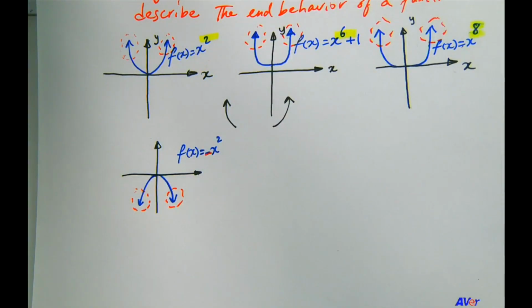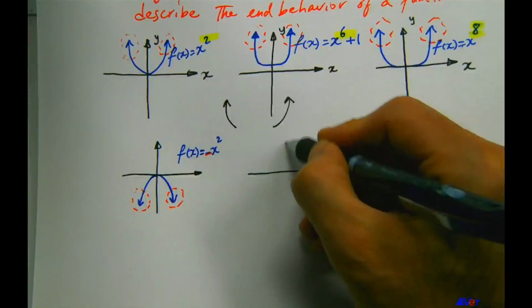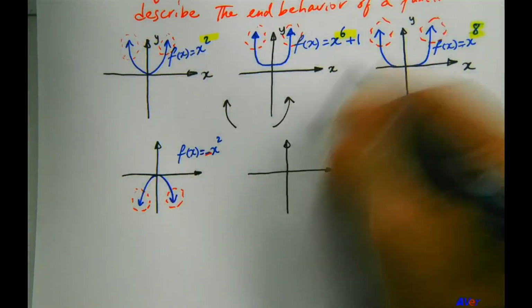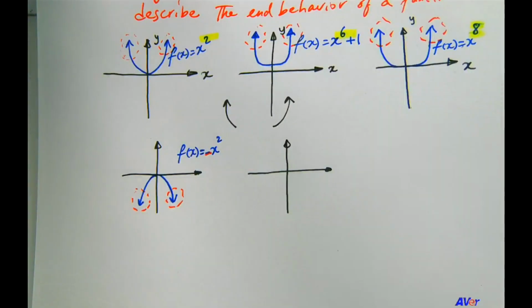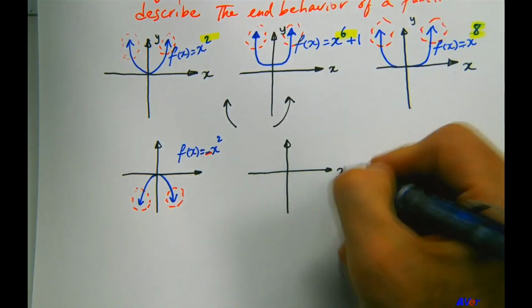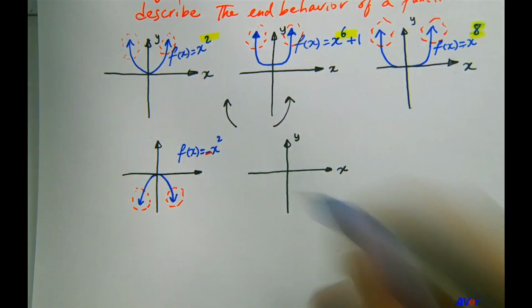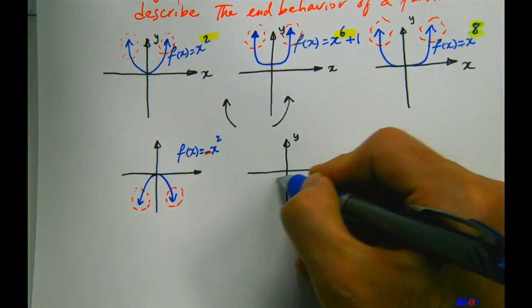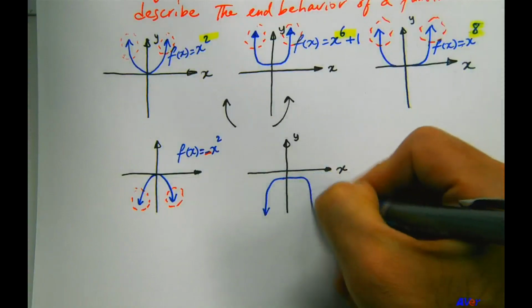Okay? But the power is, of course, even again. So if we do that with the other graph, with x to the 6th power plus 1, it will look like this, something like this, like that, and like that.